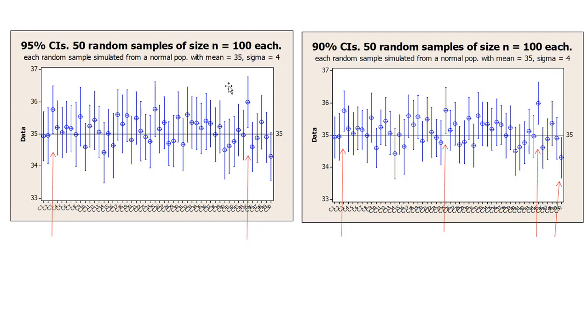You will notice that in most of these confidence intervals, not all of them, most of them, somewhere between the lower and upper bound, the value of 35 is contained. Now I put a little reference line here at 35, so that would make it easy to observe.